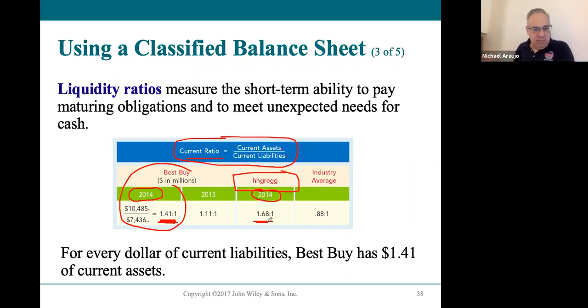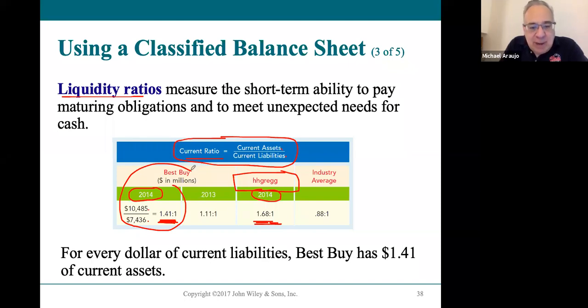Now, what does that mean? That means that they had $1.68 of current assets to cover every dollar of current liability. Okay, so H.H. Gregg had a higher current ratio, which means that they have a better liquidity ratio than Best Buy.